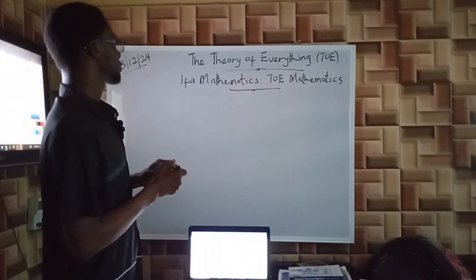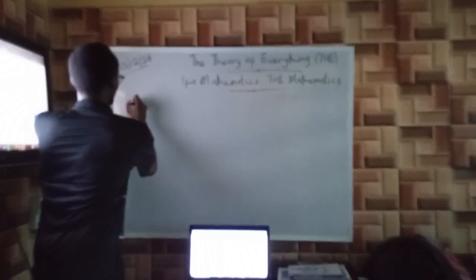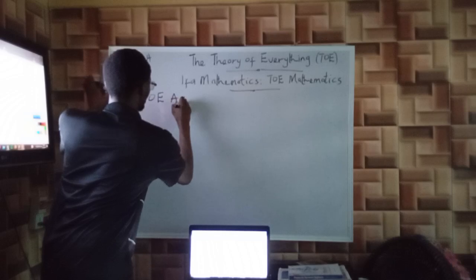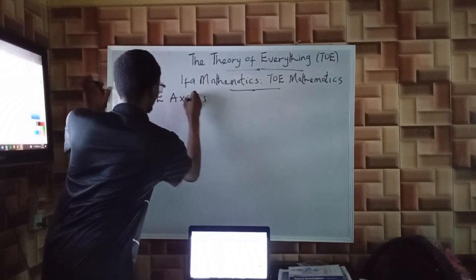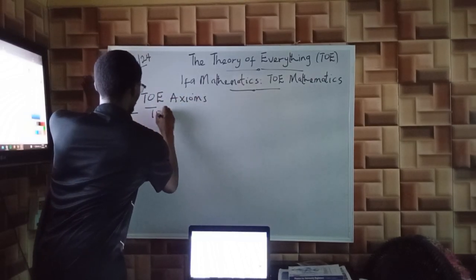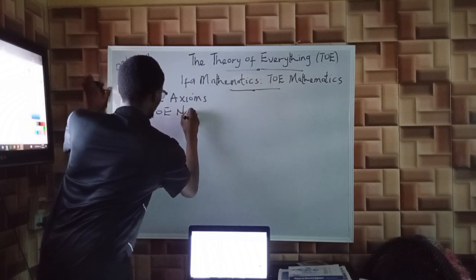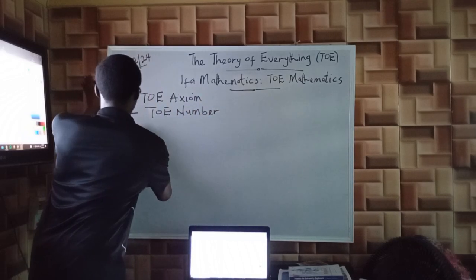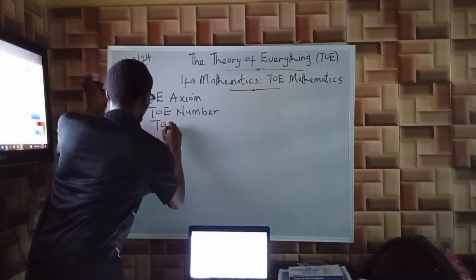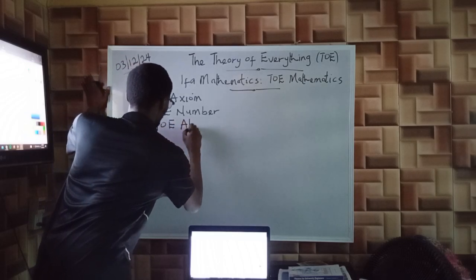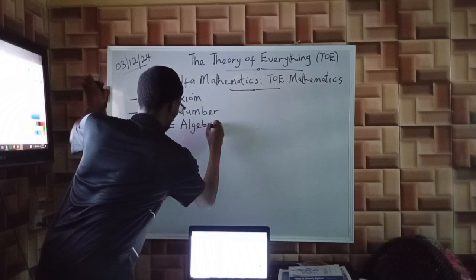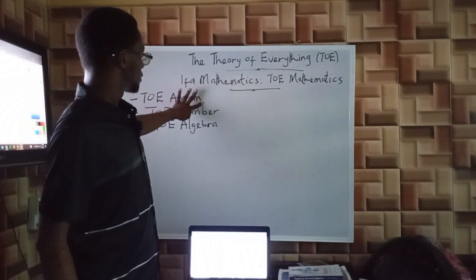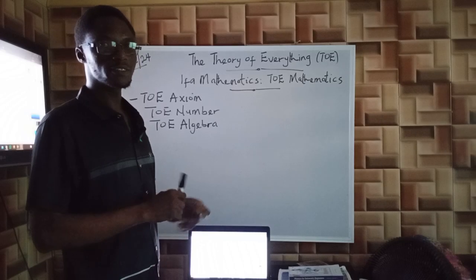Today, we examine the following aspects: TOE Axioms, theory number, and theory algebra. These are some of the structures we discovered in CENProject.